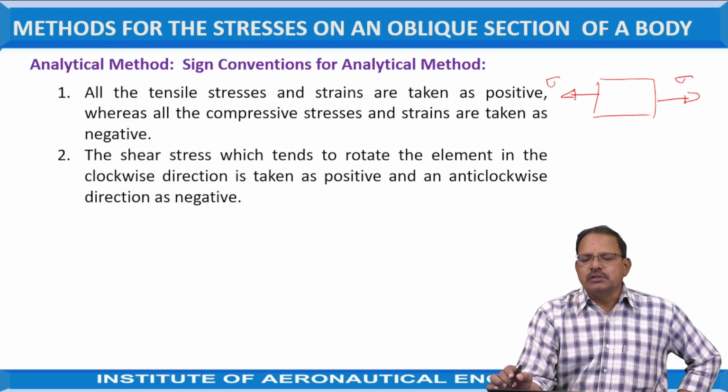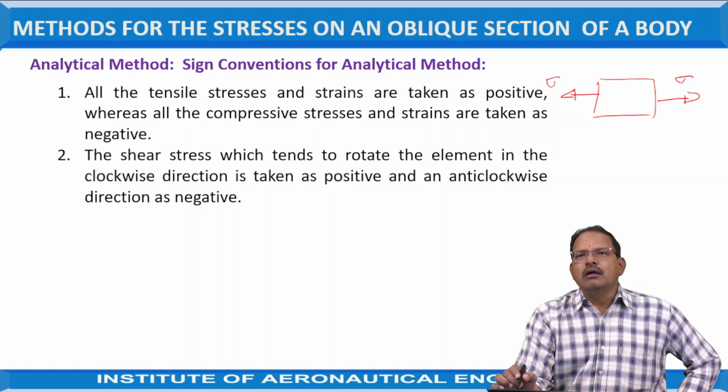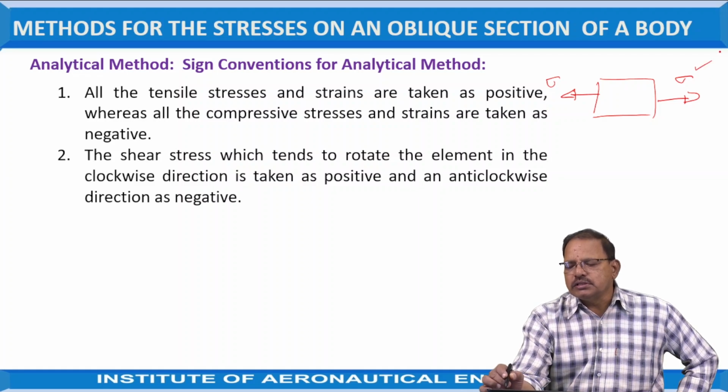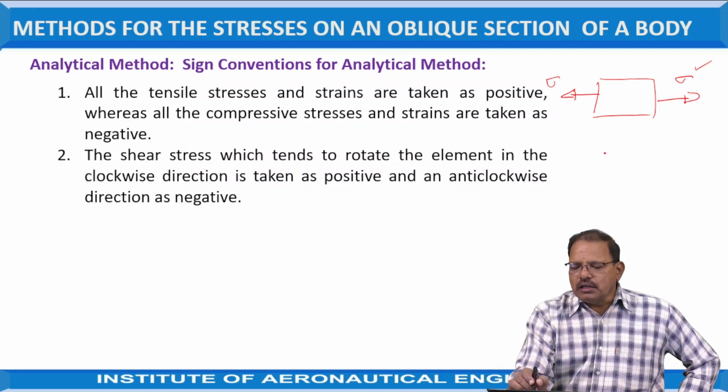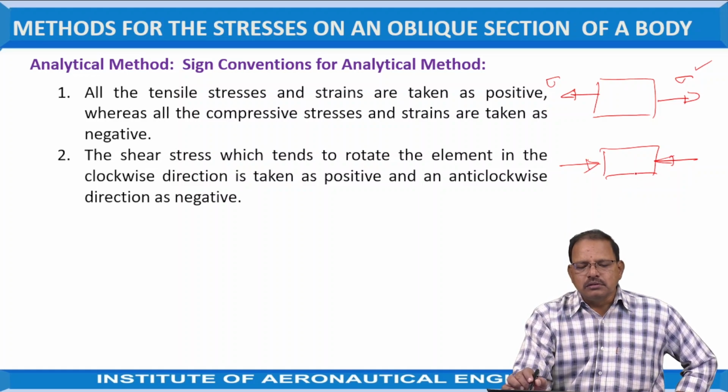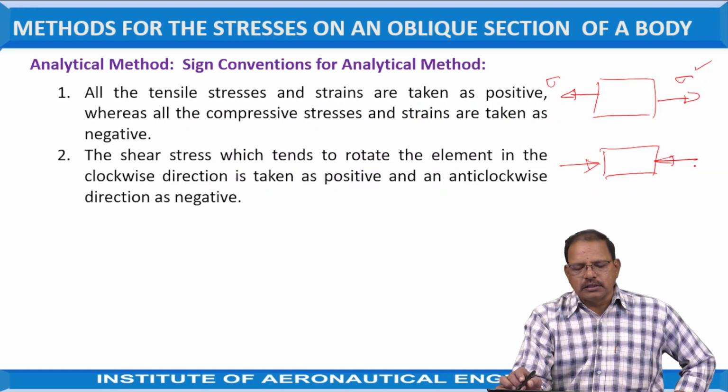Because of this force the body tends to elongate in the direction of the applied stress. This is known as tensile stress, and for the analytical method this stress is treated as positive. Similarly, if I take the same object but stresses act in such a way that the length of the object decreases, these types of stresses are called compressive stresses, and the corresponding strain is called compressive strain. These two are treated as negative according to the analytical method.